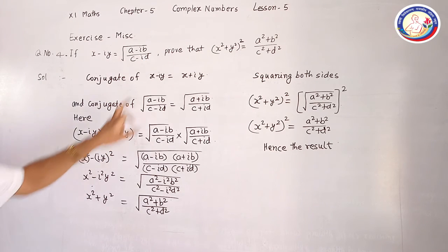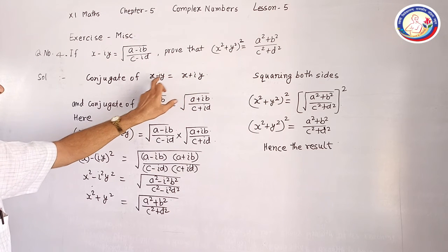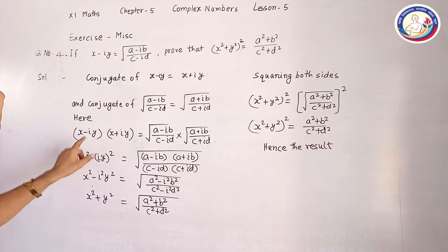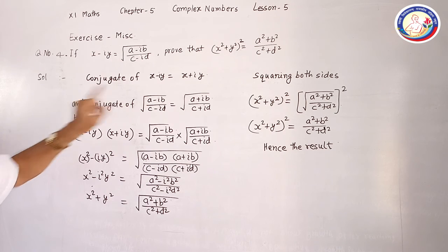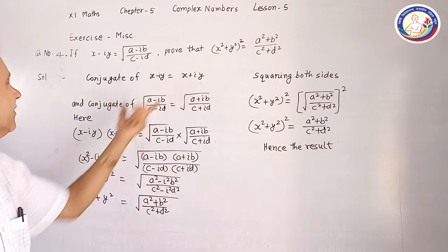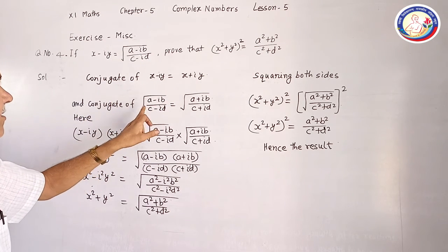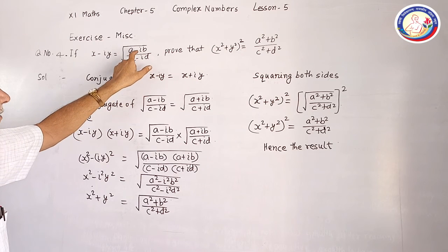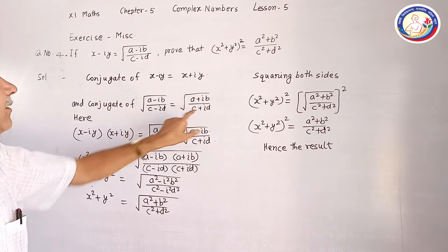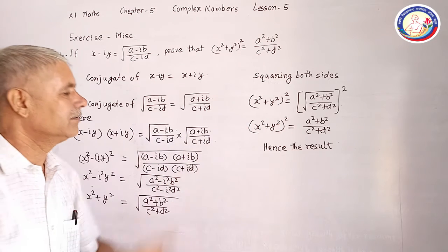Keeping in mind that any number multiplied by its conjugate gives us x square plus y square, we will multiply this by conjugate of this number and we will get the result.